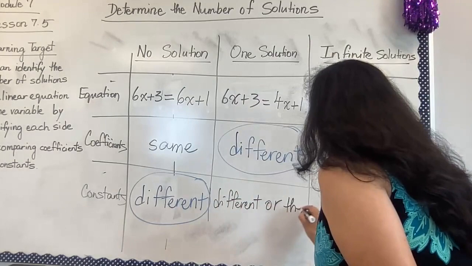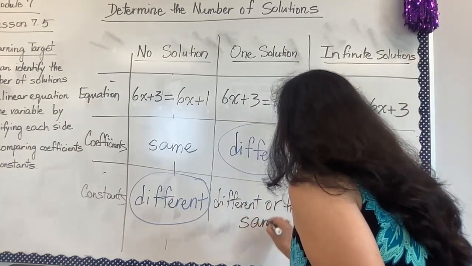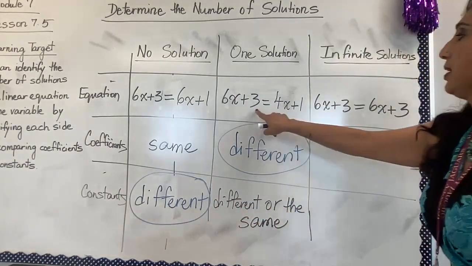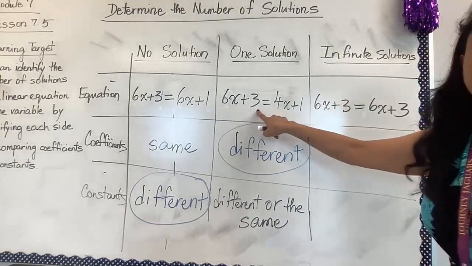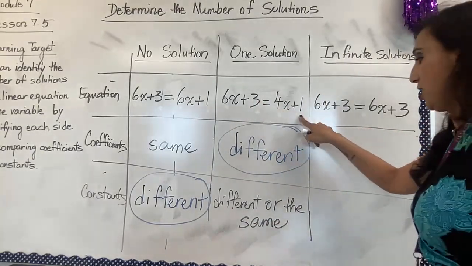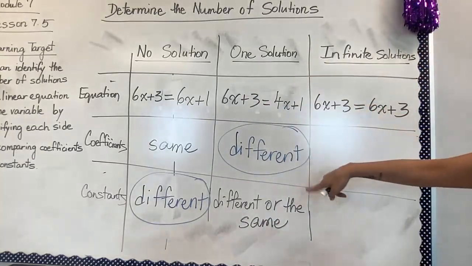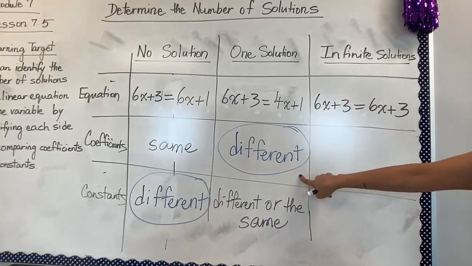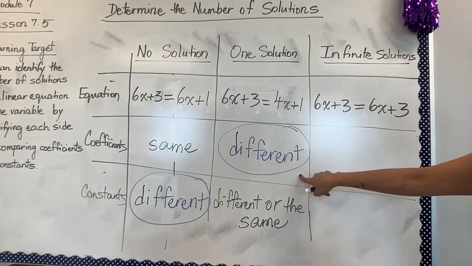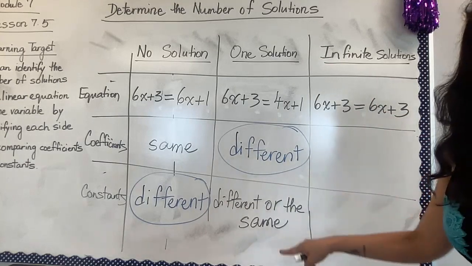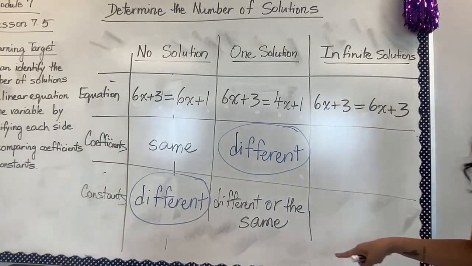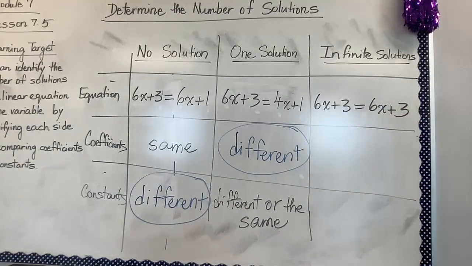In this case it is different because I have 3 as a constant and 1 as a constant. So for one solution, my coefficients will be different, and the constants can be different or the same.